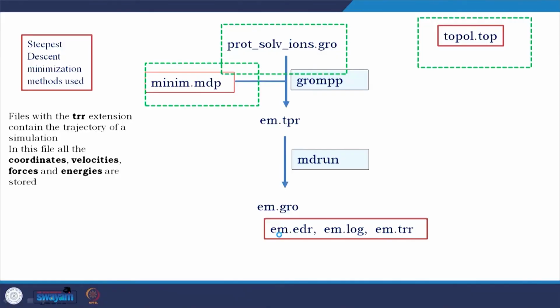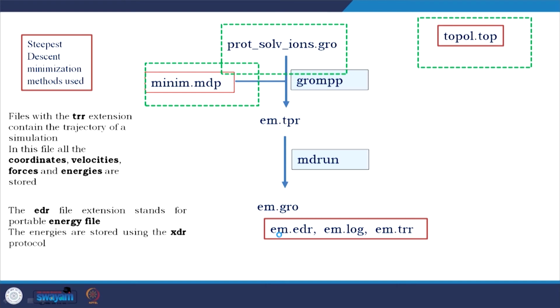So create a trajectory. In this file, all the coordinates, velocities, forces and energies are stored. What is .edr? The EDR file extension stands for portable energy file. So it would record the energy change.